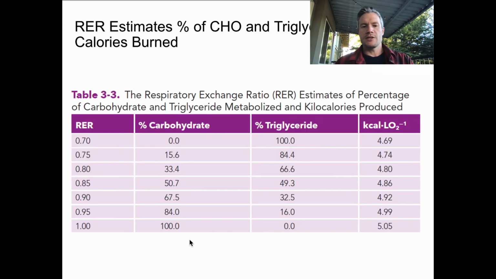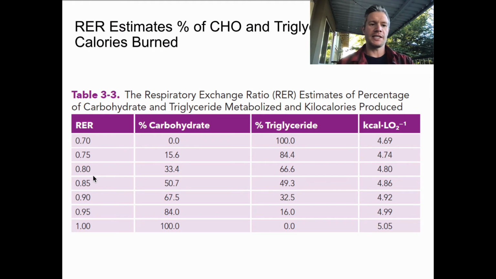Great. So we'll just take a quick peek here at a chart explaining our RER ratios that we can see from about 0.7 to 1, and then it explains roughly how much carbohydrate versus how much triglyceride is being metabolized at that point in time, and the rate of energy, so how many kilocalories per liter of oxygen is being produced.